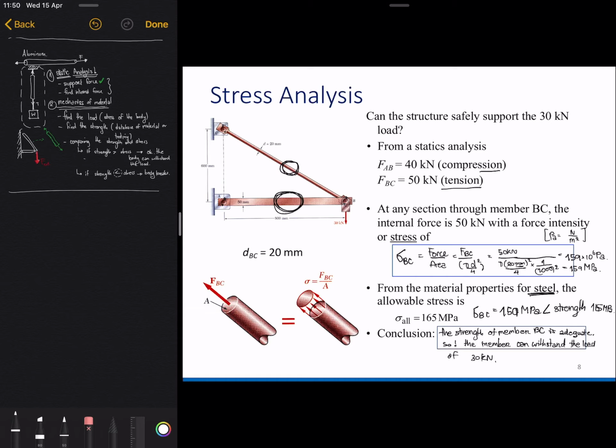By the way, aluminum is more expensive than steel, but steel itself really cannot withstand, for example, corrosion. If you put the steel under the rain, it easily rusts. So this is material degradation, but aluminum can withstand those kinds of corrosive attacks from the rain or from the oxygen or oxidation.